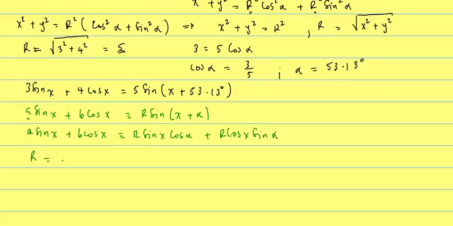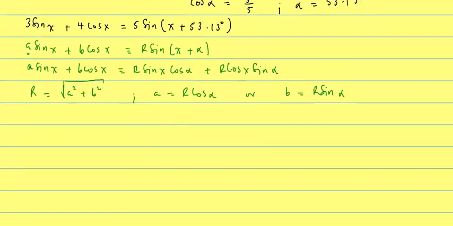So it follows that r is going to be equal to the square root of a squared plus b squared. And then we can use any one of these equations where we say a is equal to the coefficient of sine x on the right hand side, r cos alpha, or b is equal to r sine alpha. Now these two equations can be used to find the value of alpha.